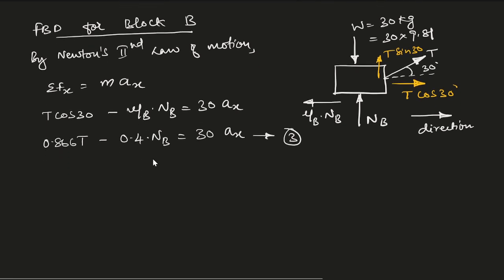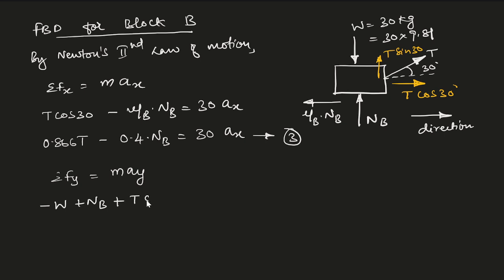Now by summation F_y equal to m a_y. The vertical forces: weight is acting downward, so minus W, then plus N_B, then again we have the sin component, so plus T sin 30. This will be equal to the mass, 30, times a_y, and this will become 0 because a_y is 0.